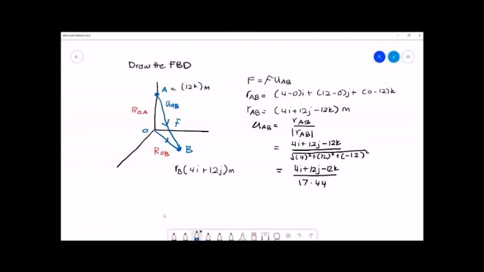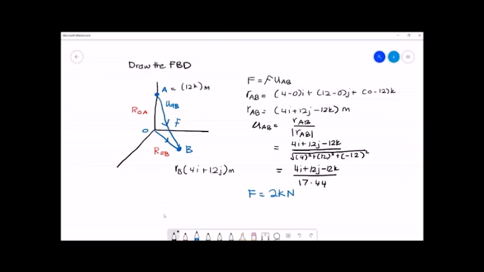From the question, we know that the force is equal to 2 kilonewton. So now we use this formula to get the Cartesian vector for the force.